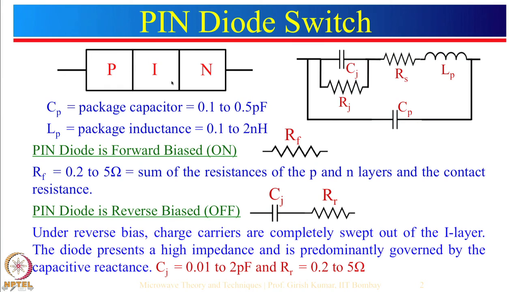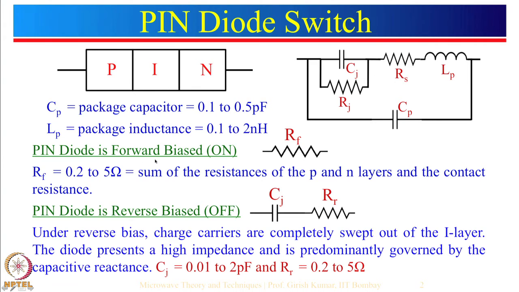Depending upon the pin diode specification, the forward voltage mostly depends upon the width of this intrinsic layer. So, before you design a pin diode as a switch, please read the specification for the minimum forward voltage required.